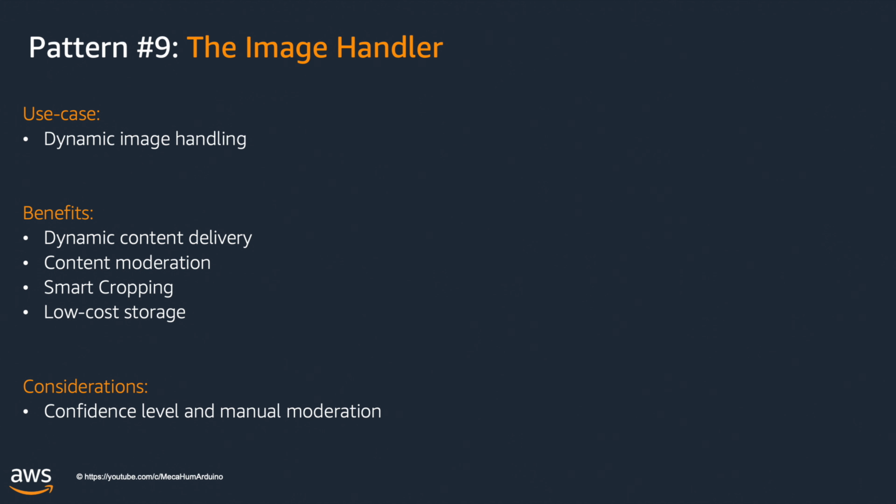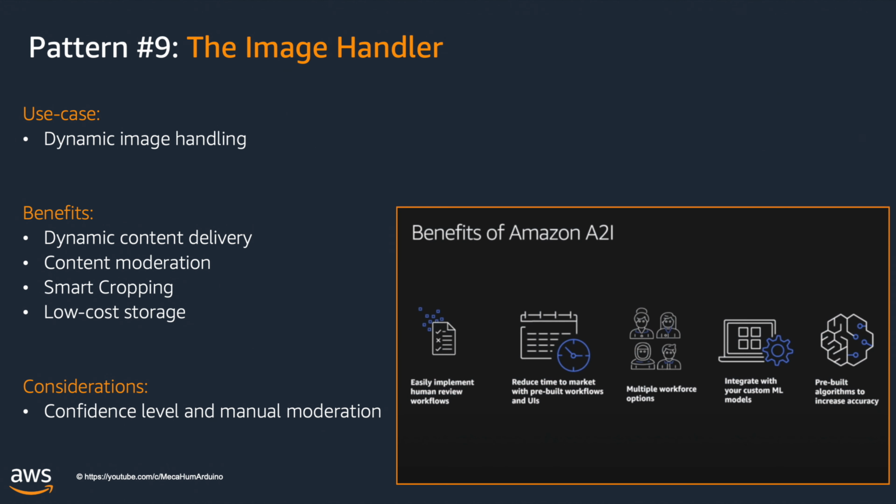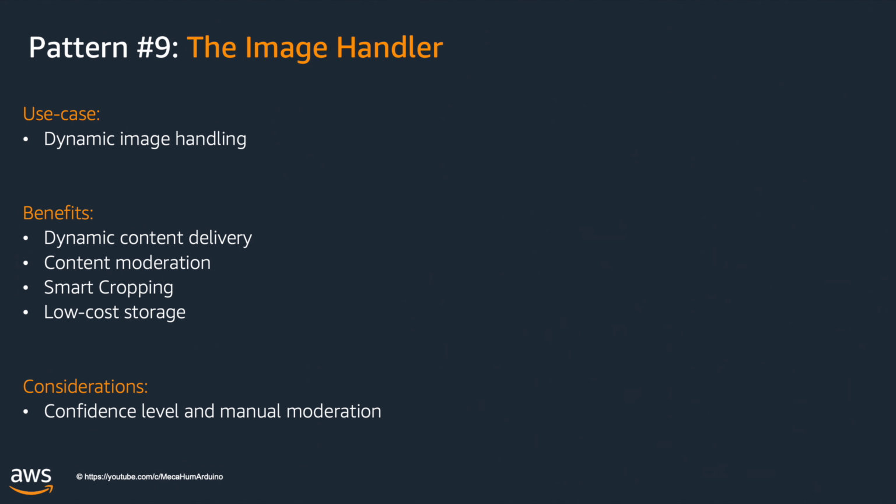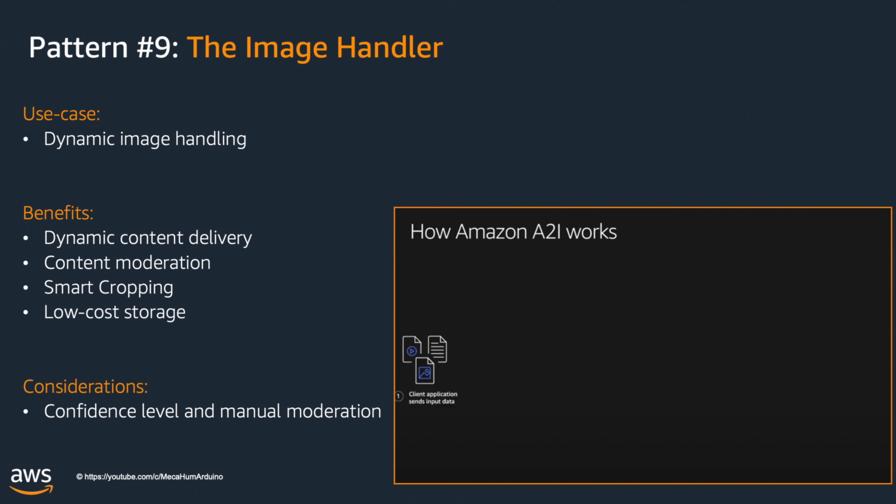If your business has strict rules and cannot tolerate such a margin, I encourage you to have a look at Amazon Augmented AI, which is, by the way, already integrated with Amazon Rekognition and allows you to set up a human workforce that reviews content that might have escaped the machine learning scope. And the way it works is actually pretty simple. You start by setting up a confidence level, say 70%.